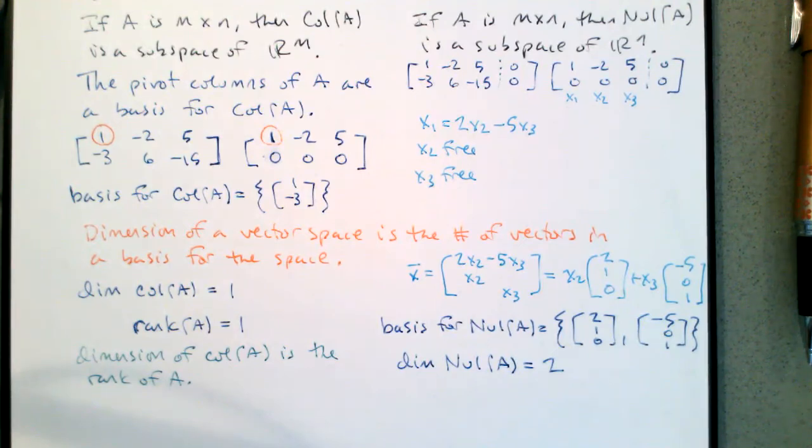Once again, notice I'm saying that this is a basis for the null space of A, and it's these two vectors. Because what I'll ask you to do is find a basis for the column space, and find a basis for the null space.